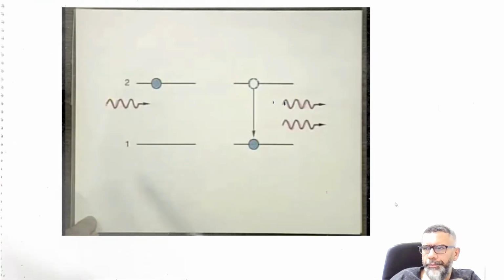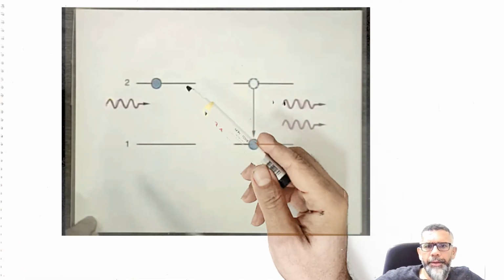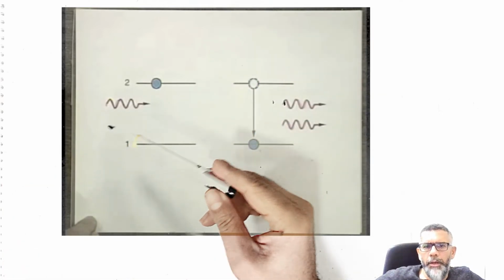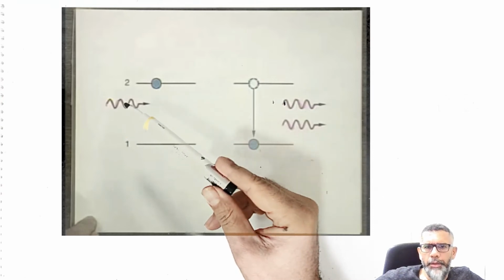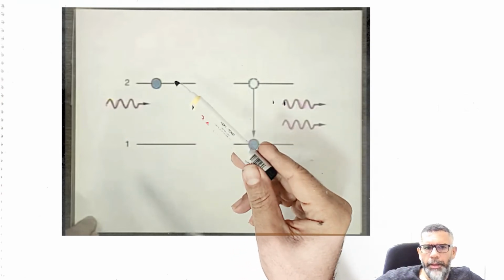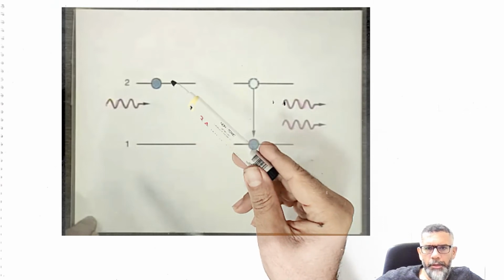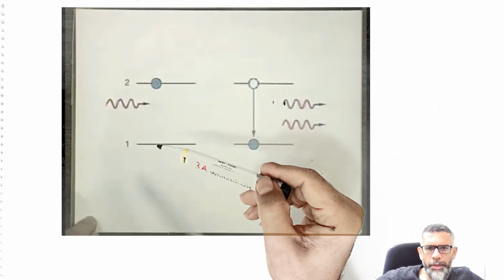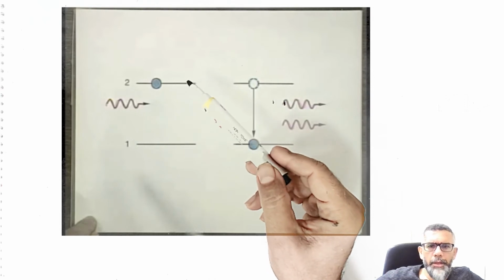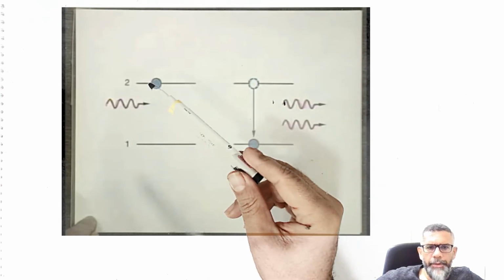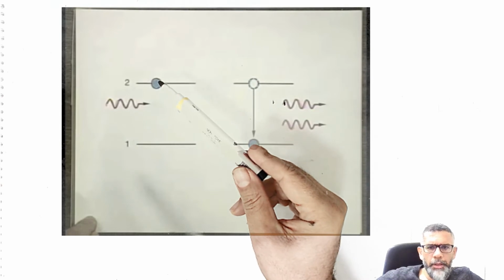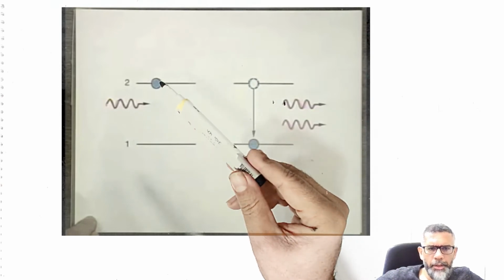Next, we see this picture. Suppose an incoming photon has just the right frequency that matches the energy difference between the single atom's energy levels, E2 minus E1. But the atom is initially not in the ground state but in the excited state.